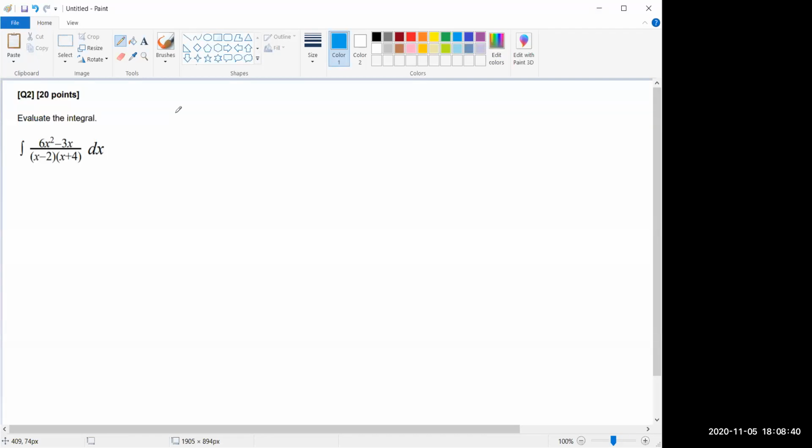For this one, can someone say what method is appropriate and then explain why? Partial fractions, because it already has a factorized denominator, which tells us we could divide it.